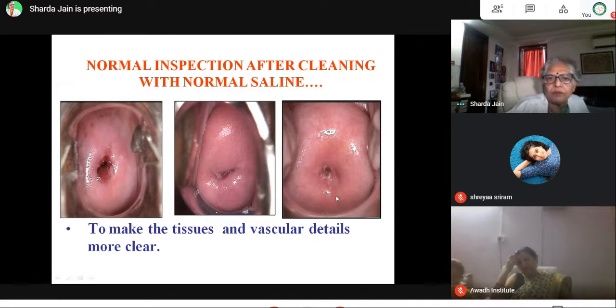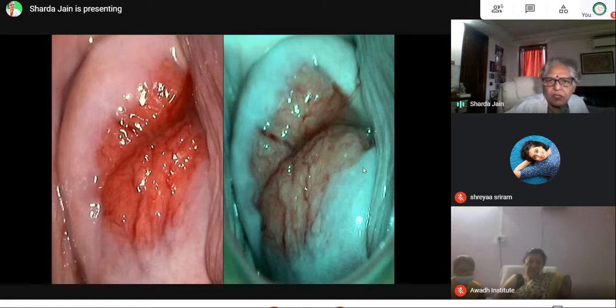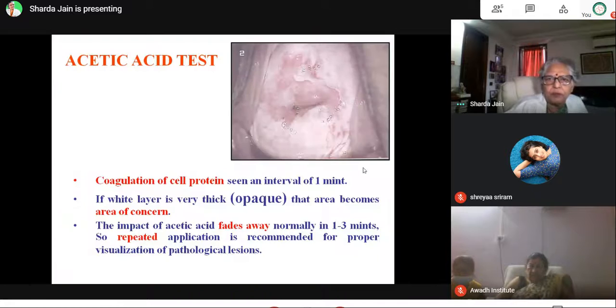Now you put on a green filter, and you can see the blood vessels like this; the filter absorbs the red color, and the blood vessels become black. A few old colposcopes do not have a filter like this, but for keen students of colposcopy, it helps to understand the vascular pattern very well.